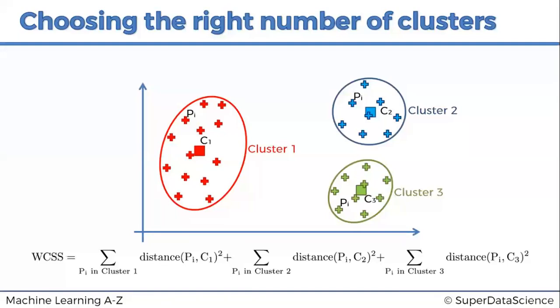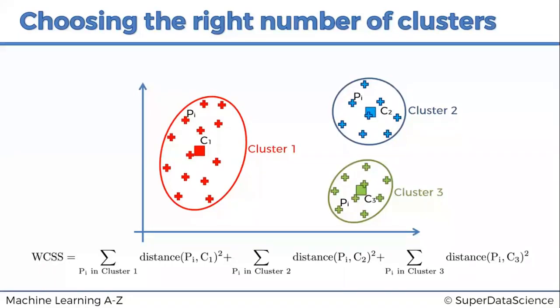So, in that case, what will the WCSS equate to? I'll give you a second. If you want to, you can pause this video just to think about that for a second. If we've reached the number of clusters equivalent to the number of points in our chart, which is the same thing as the number of elements in our data set, then what does WCSS equate to?